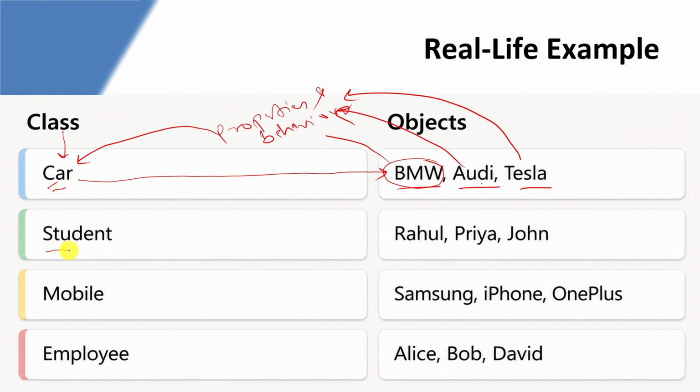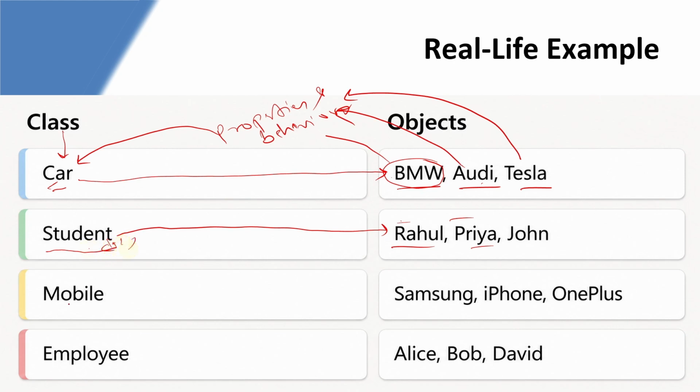Now let's take another example. There is a class student. The final objects are Rahul, Priya and John. So these are student final products, and they will have properties and behavior which is defined in the student class.